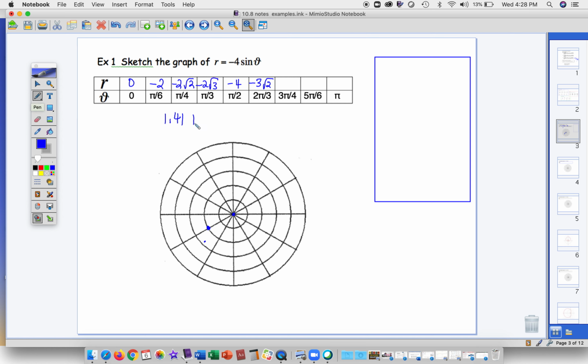The square root of 3 is about 1.73, and if I multiply that by 2, I get about 3.5. Okay, so I'm going 1, 2, 3.5 out and rotating 2 pi over 3.